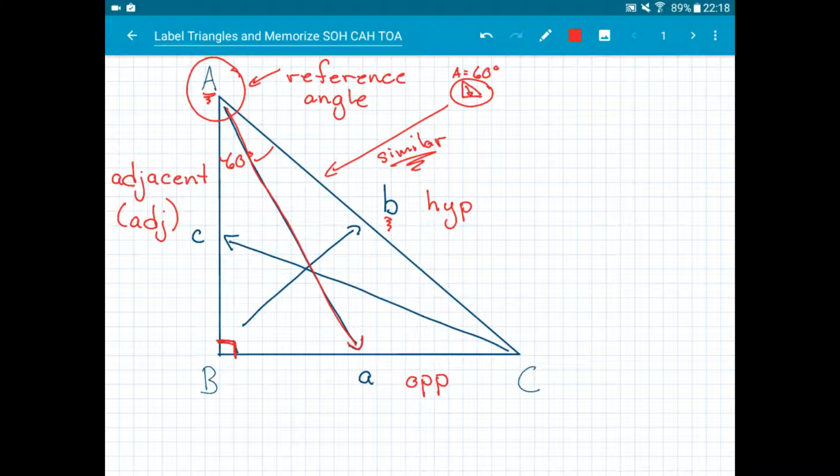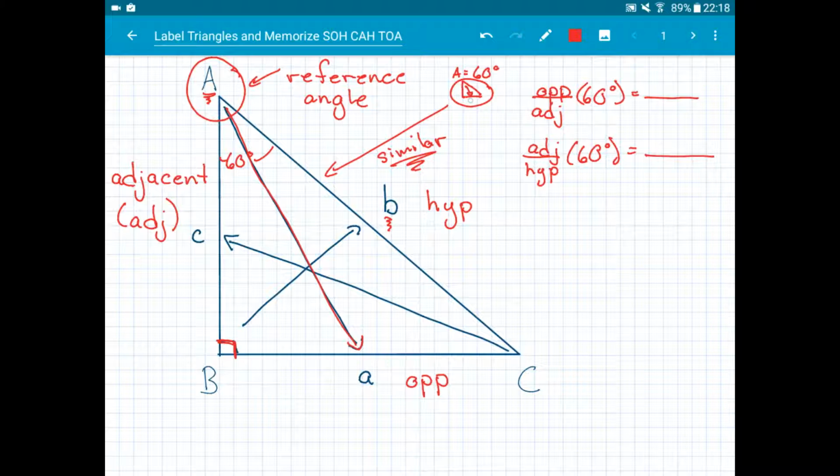These are similar triangles. And because of that, as long as we use A as our reference angle, then the ratio of the sides are always going to be the same. So for example, the opposite divided by the adjacent for 60 degrees will always equal some number. Likewise, the adjacent divided by the hypotenuse of 60 degrees will always be some number.